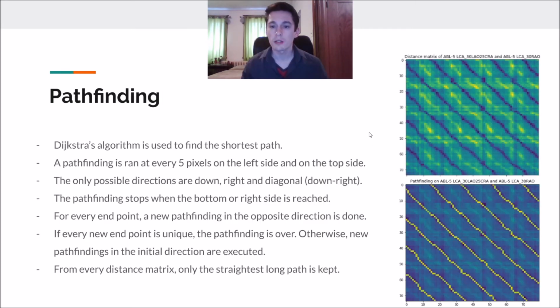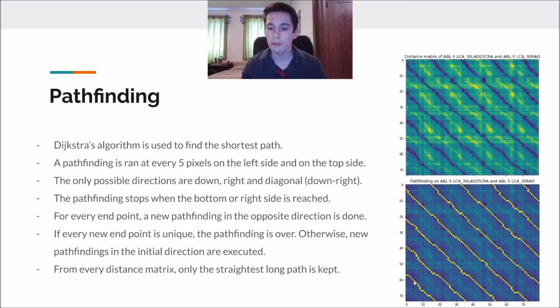To extract those stripes, we use a pathfinding algorithm that would start at every 5 pixels on the left side and top side of the distance matrix. The pathfinding algorithm then goes towards the bottom right and then comes back towards the top left.